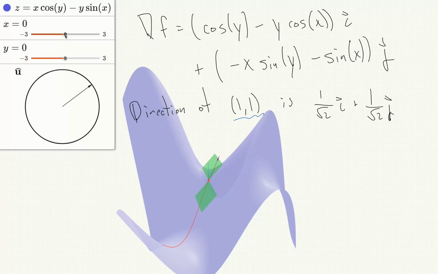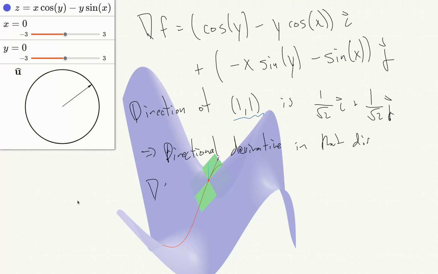And so now if I calculate the directional derivative in that direction, well, first the gradient of f at (0, 0) will be just i, because sin 0 is 0.